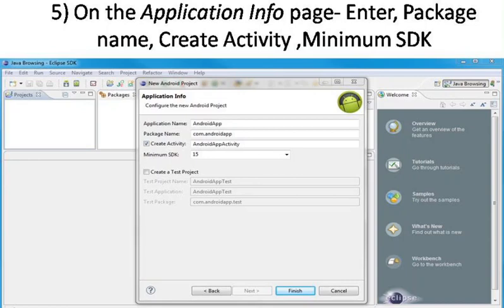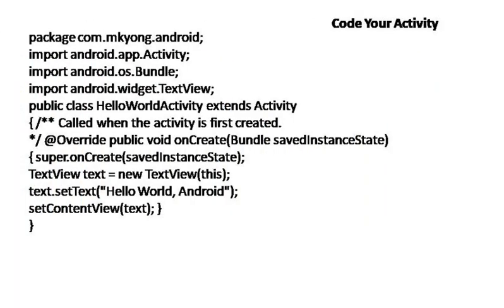So these are the three things we have to give in this application info window. First the application name, second the package name, third we have to see whether the activity name is provided. Then we click finish, and after that it is the environment where we can write our code.